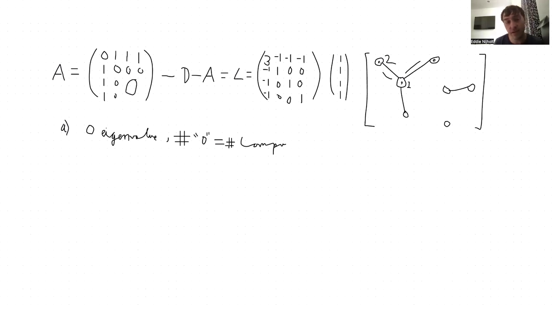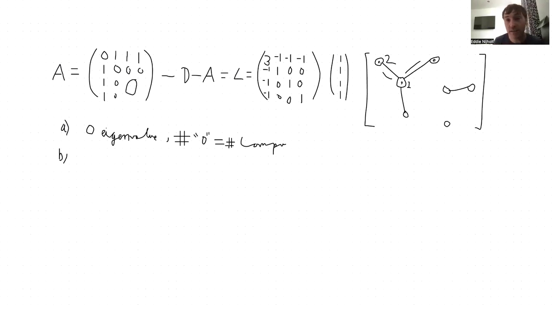You just note that you can block diagonalize the corresponding Laplacian according to all of these components. There is a proof in the lecture notes that the eigenvalue 0 does not appear even more. You just have to show that the algebraic multiplicity of the eigenvalue 0 is precisely 1 for one of these connected components. And there's a very easy, very elegant argument in the notes that I sent you.